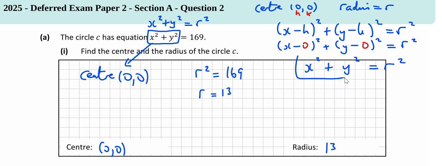So it always breaks down looking like that. And obviously if you're given a radius 10, that'd be 10 squared is 100. So that's why you're supposed to always recognize it.